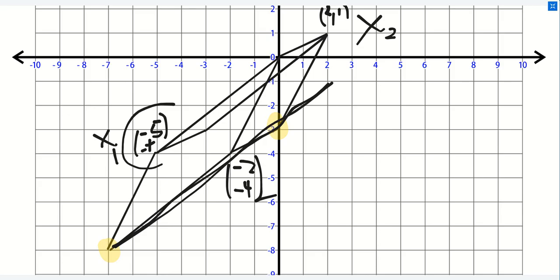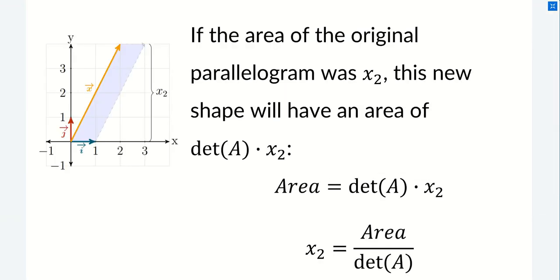Okay, let's switch and look at the mathematics behind this. All right, so this is the math. Now, if you want to find the area, this is our original area, and this is the new area. If the area of the original parallelogram was this, the new shape will have an area of this. So this is our new area.